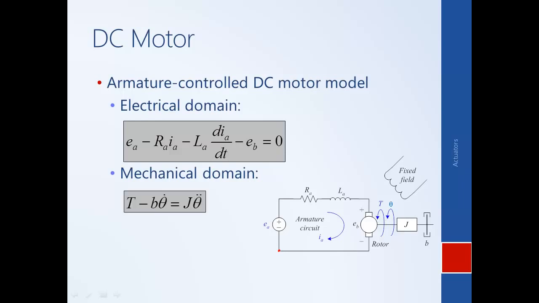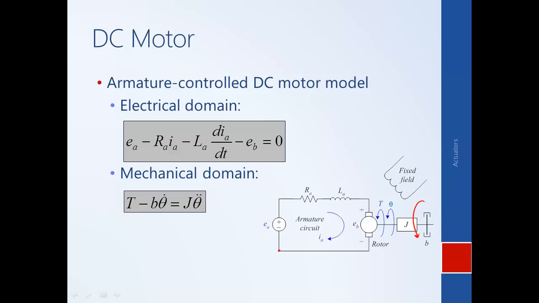So in this case, if we look at this inertia, the torques or moments acting on the inertia are the torque generated by the motor, T, and then there's a resistance torque due to the friction. And so we model that friction in this manner.